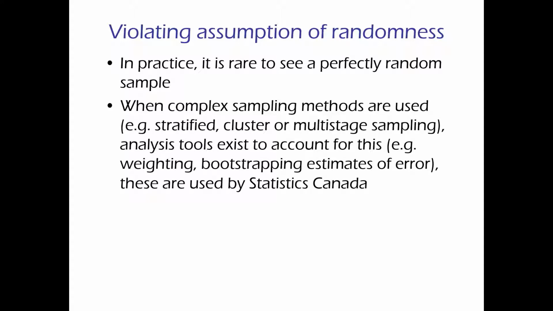It uses a very complex multi-stage sampling method to get a representative sample of the Canadian population. Usually, we need to use some analysis tools to account for this complex sampling method, like weighting or the bootstrap method. But in our assignment, to simplify the issue, we assume it is a random sample we took.